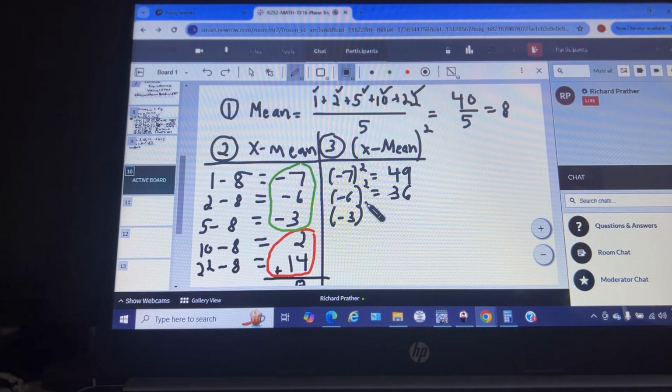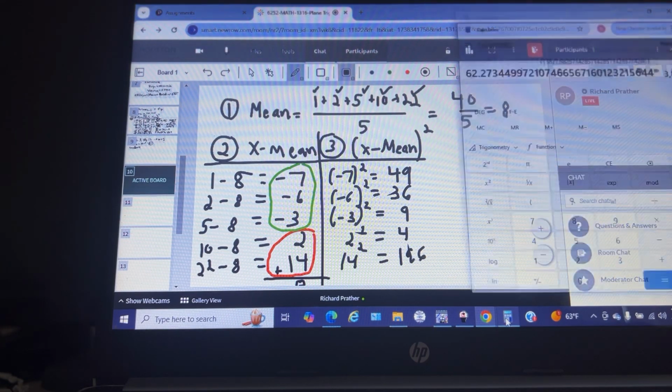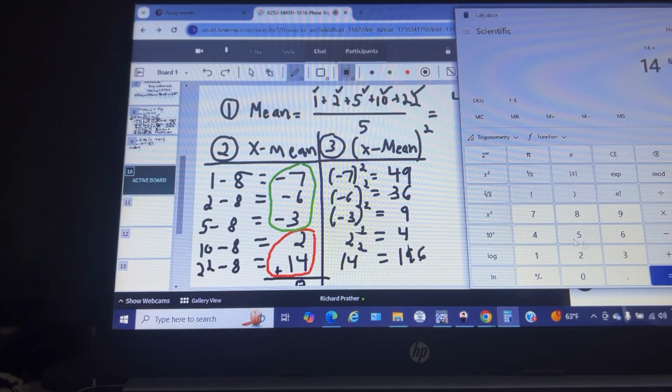Negative 3 times negative 3 is positive 9. 2 squared is 4, and turns out 14 squared is 196. And if you didn't know that, any simple calculator could do that. 14 times 14, 196.